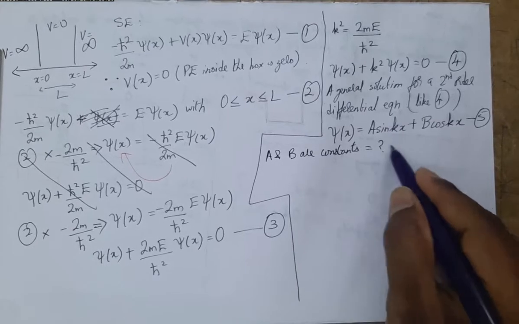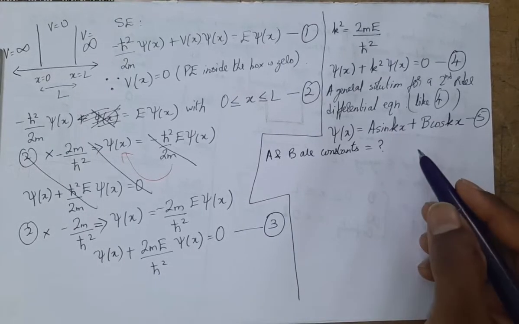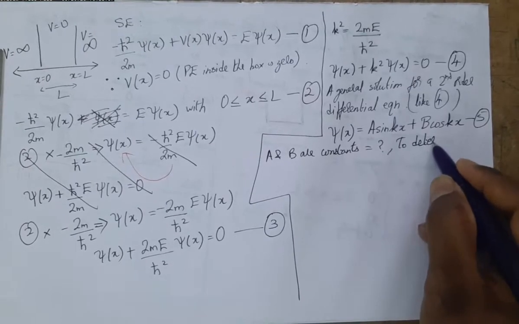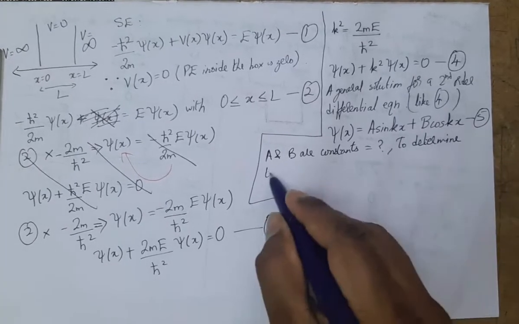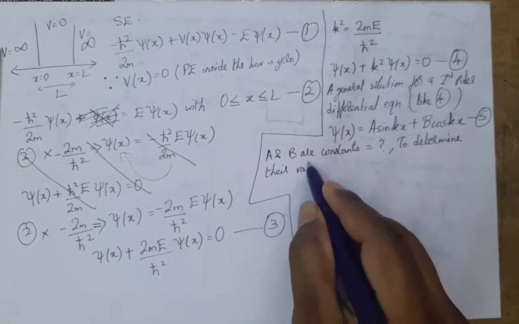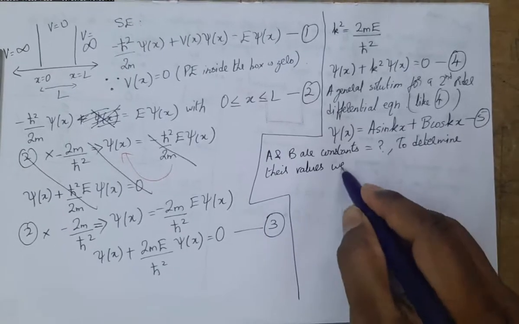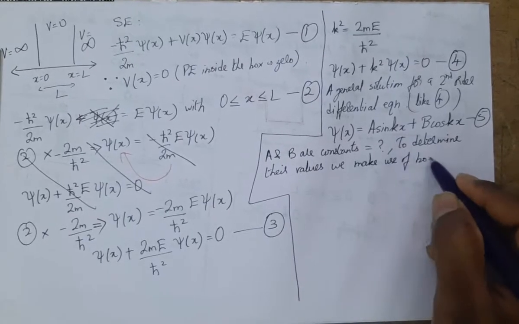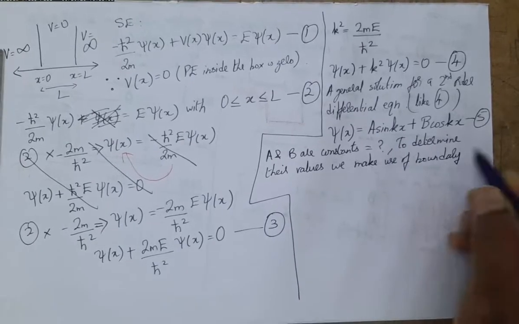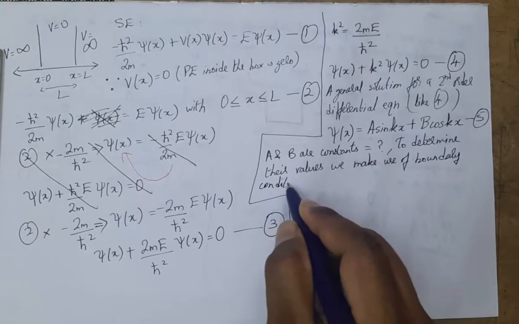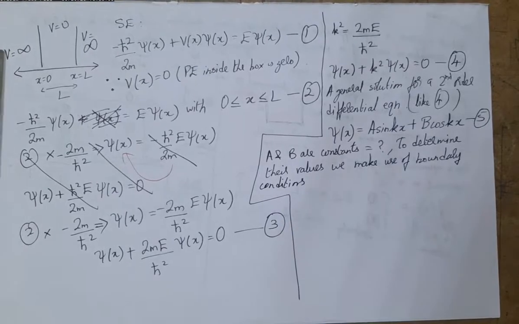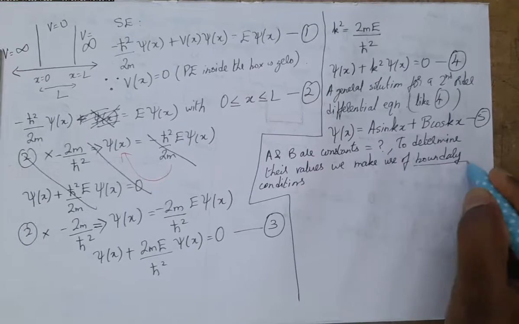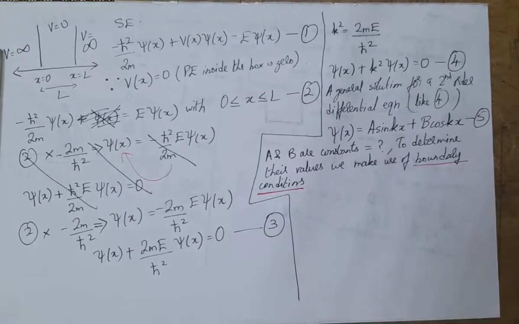We don't know the values of A and B. To determine their values, we make use of boundary conditions. Boundary conditions means we are restricting the particle to be within x equal to 0 and x equal to L. That is why it is called boundary conditions.